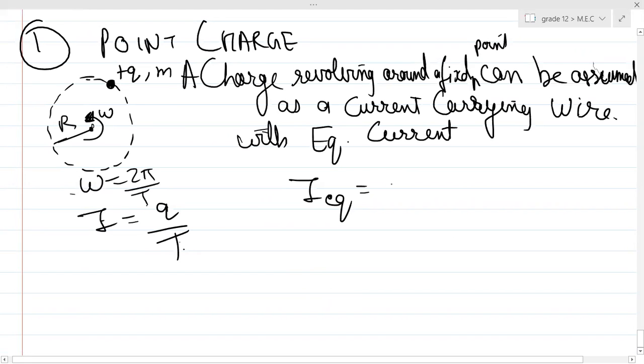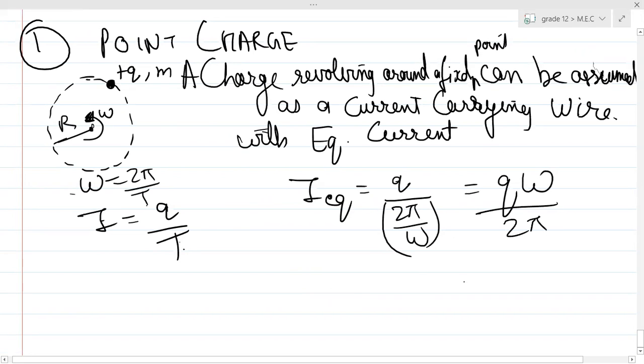So I can write this equivalent current as Q omega upon 2 pi. This is a very important concept, so don't forget this.